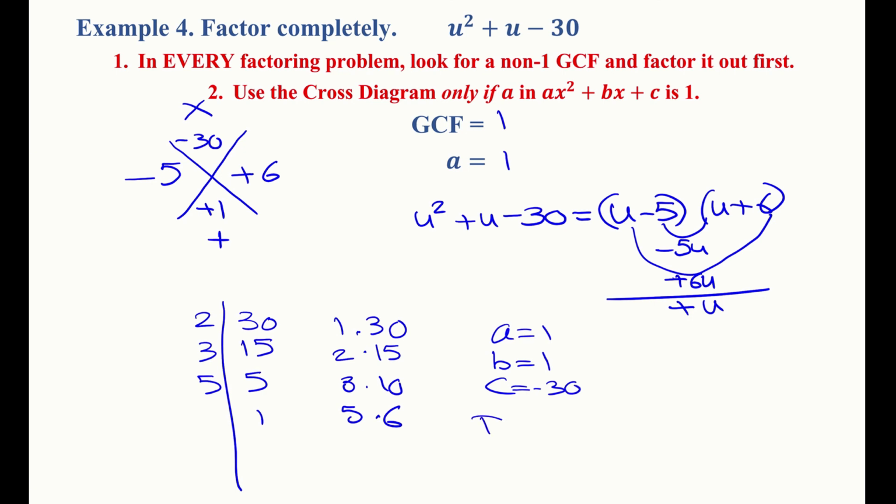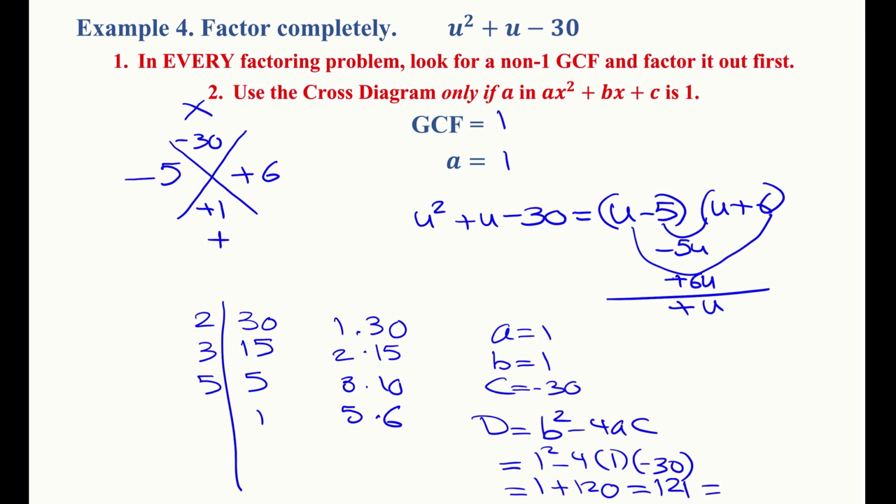So if we calculate the discriminant, which is b squared minus 4ac, we get 1 squared minus 4 times 1 times -30, right? So we get 1 plus 120, which is 121. Recognize that? That's 11 squared. So whenever a quadratic trinomial like this is factorable, that expression is going to be a perfect square.